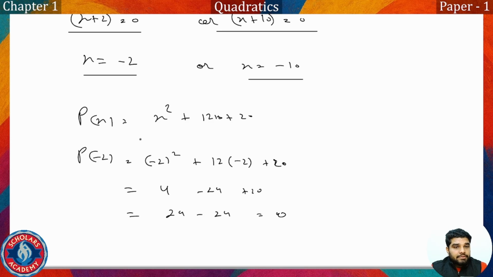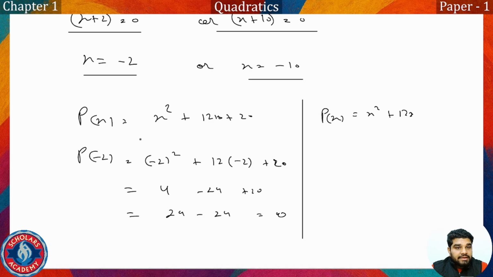I'll check for the second one. p of x, x square plus 12x plus 20. I'll check for x is equal to negative 10. Negative 10 square plus 12 times negative 10 plus 20.